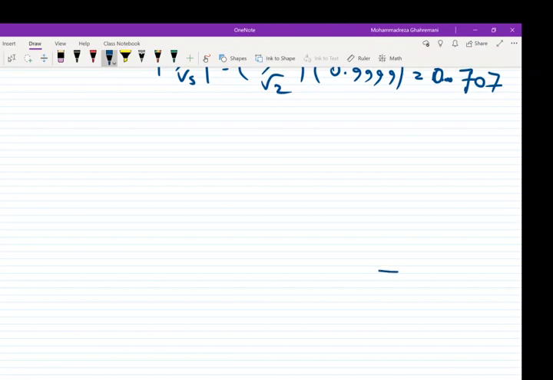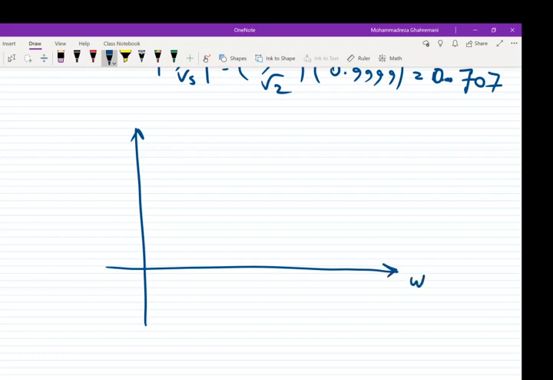Let's graph the frequency response. Omega here, here is 0.707, here is 1, here is 10 to the power of 2, here is 10 to the power of 4. So we should just scale it logarithmically.